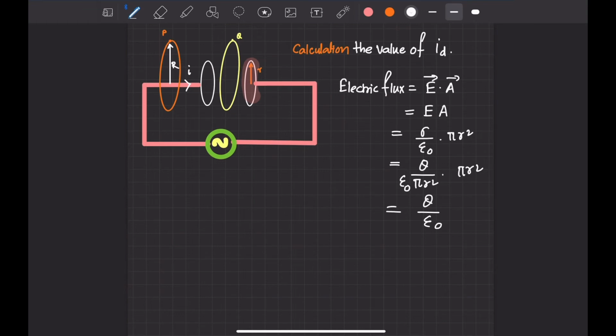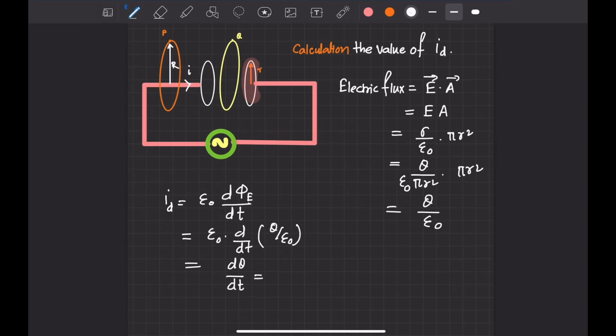Now what is ID? ID, according to Maxwell, is equal to epsilon naught times the rate of change of electric flux, or d phi dt. So we can write epsilon naught into d/dt of q by epsilon naught. If you simplify this, you will get only dq dt. Now what is dq dt? dq dt is nothing but IC, right?